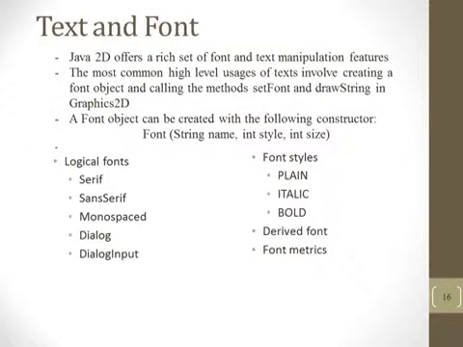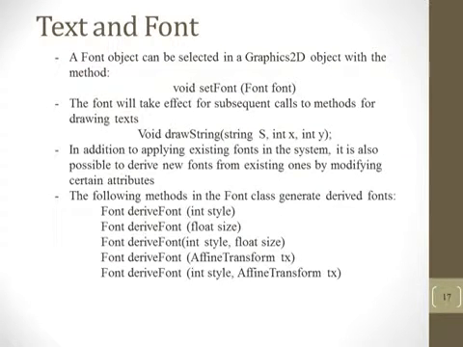Also, we have the size parameter, which specifies the size of the font. A Font object can be selected in a Graphics2D object with the method setFont(Font), for example. This font will take effect for subsequent calls to methods for drawing text, for example drawString(String s, int x, int y), or we can use float x, float y.